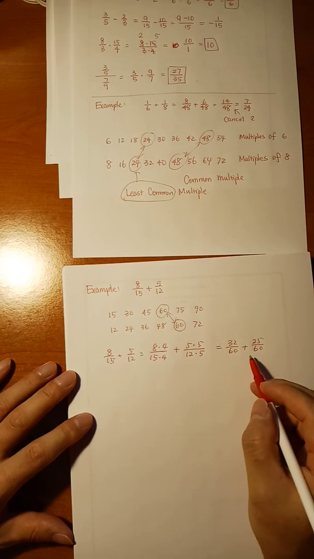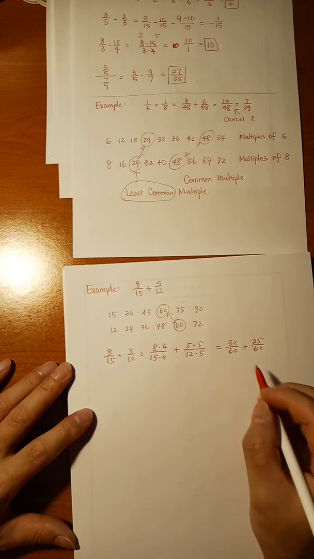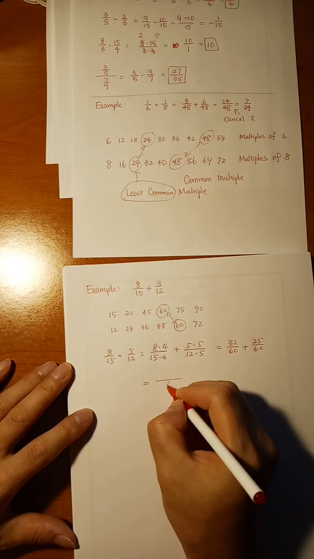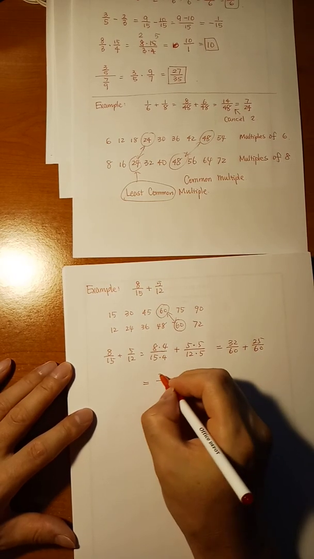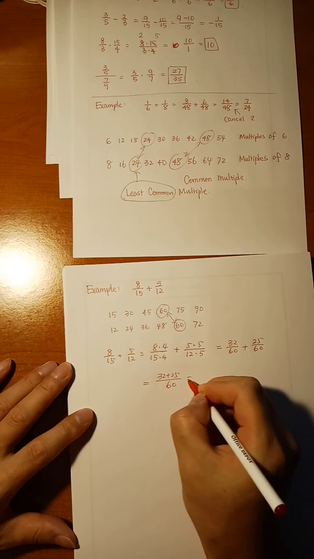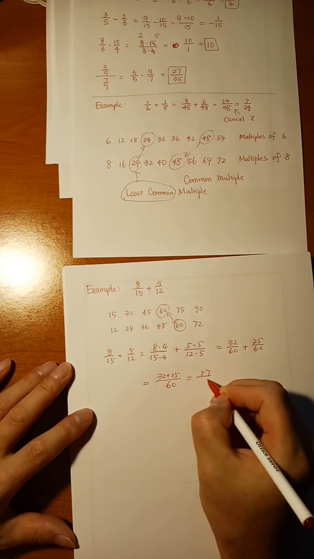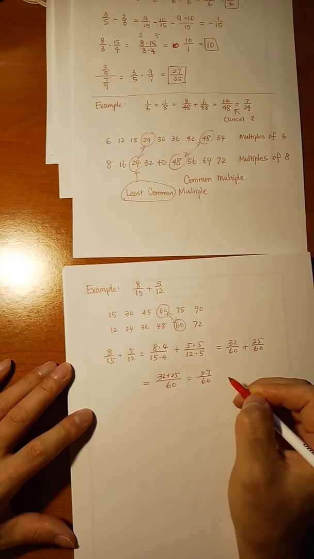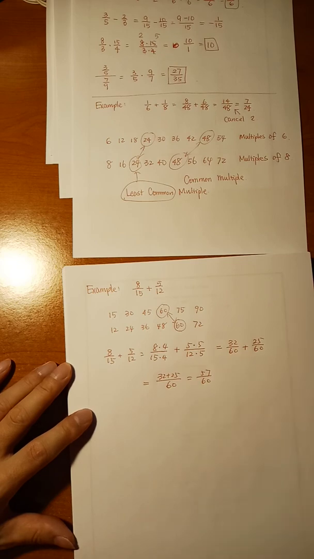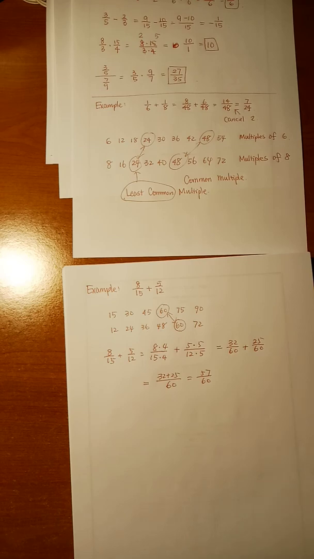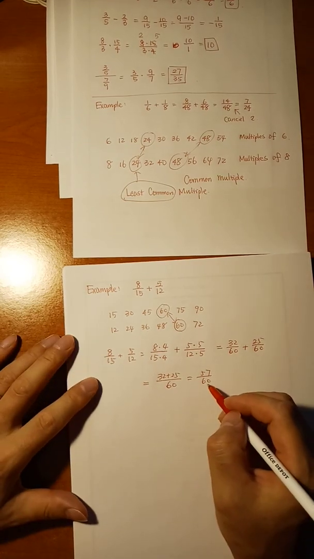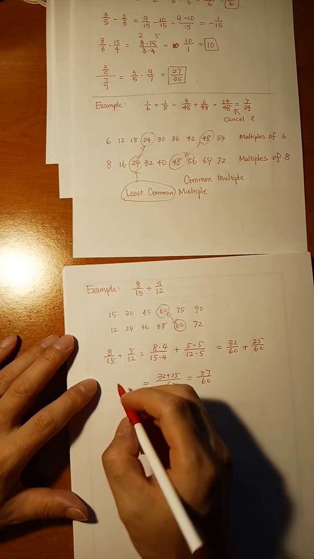See, they have the same denominator, the common denominator. Then it is equal to 60. The numerator is 32 plus 25, 57 over 60. 57 over 60. All right, so that's good. That's smaller. If we don't do this process, you see what we're going to do.